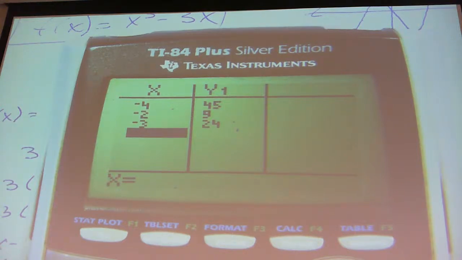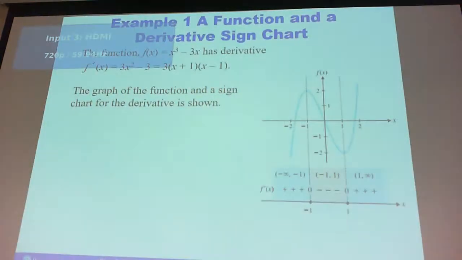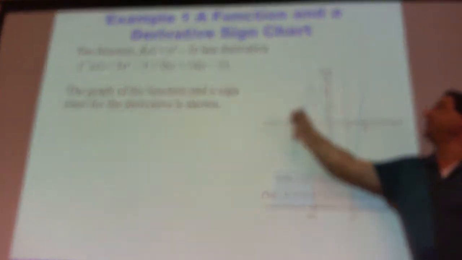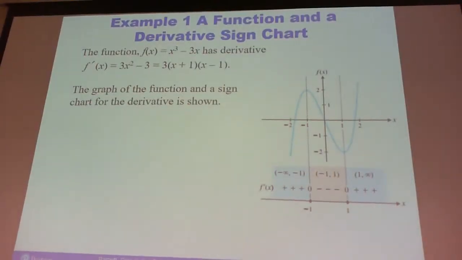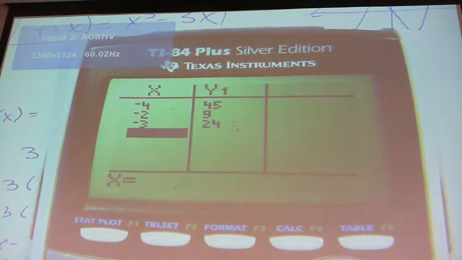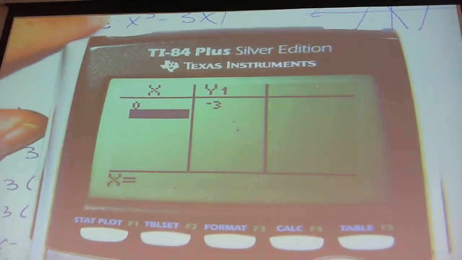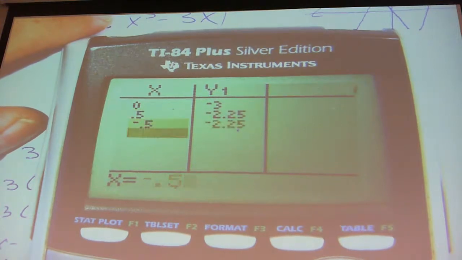Okay? So on my picture, anytime you plug a number less than -1 into the derivative, it's going to be positive to show it's increasing. Give me a number between -1 and 1. 0. If I type in a number between -1 and 1, I'm going to get a negative result. -0.5.